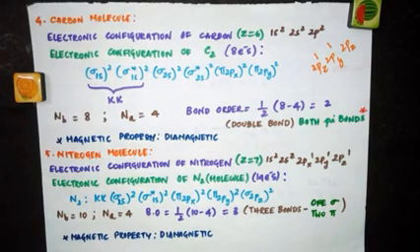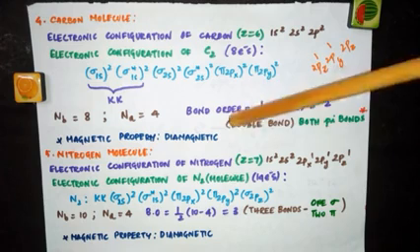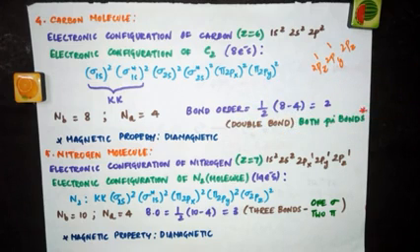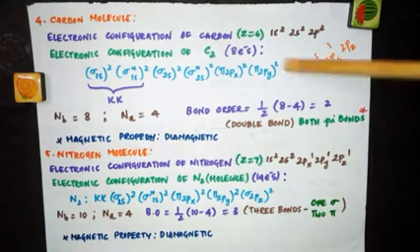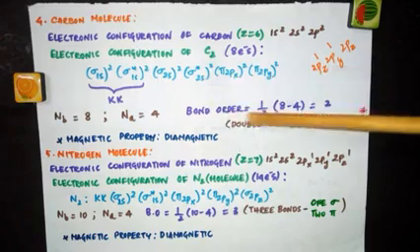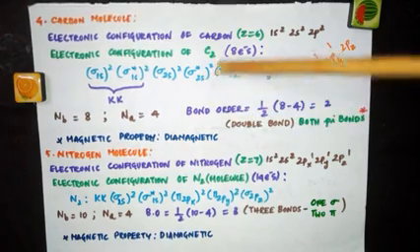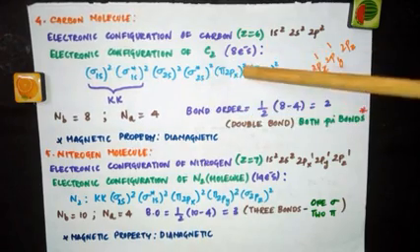So the bond order in the C2 molecule is 2, and that shows that there is a double bond in the carbon molecule. You should note one thing here: the double bond in the carbon molecule consists of both pi bonds, because of the presence of 4 electrons in the pi molecular orbitals.